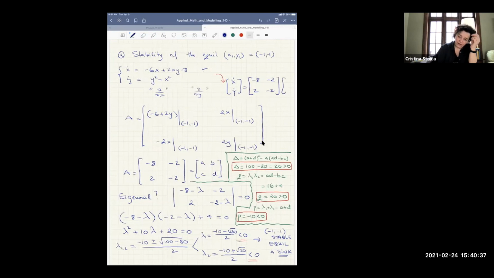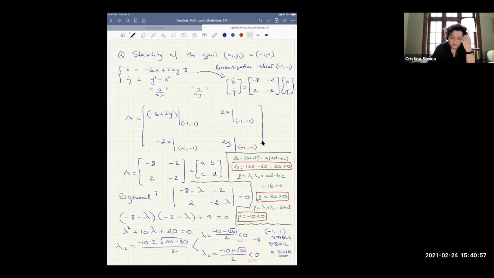And from here we're going to the u, v with this eigenvalue. So the part from here to here is the linearization about this minus 1, minus 1.